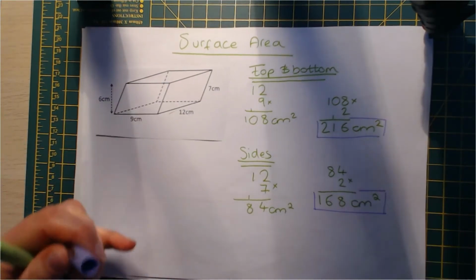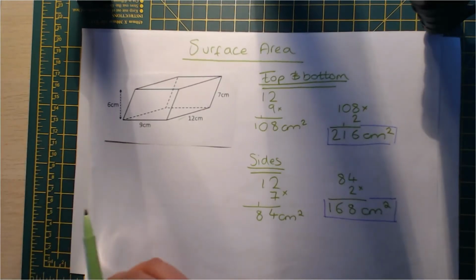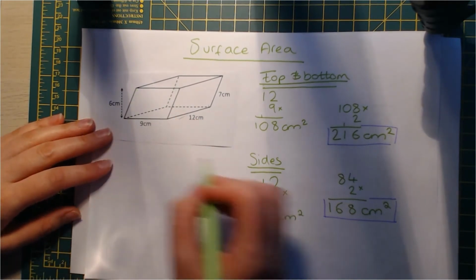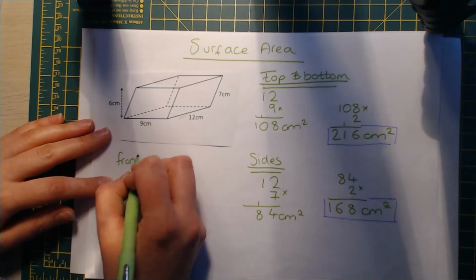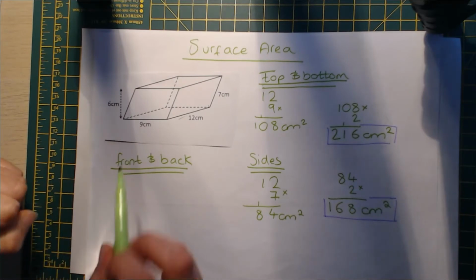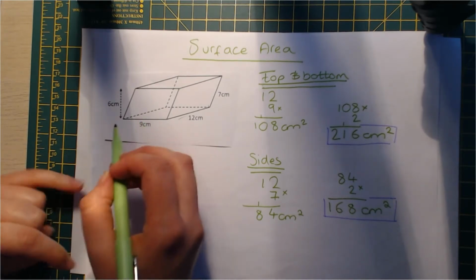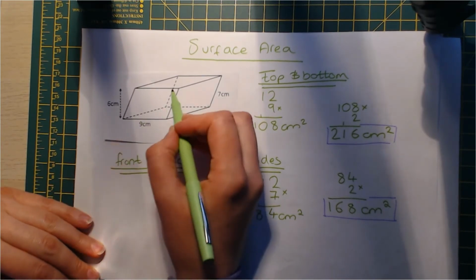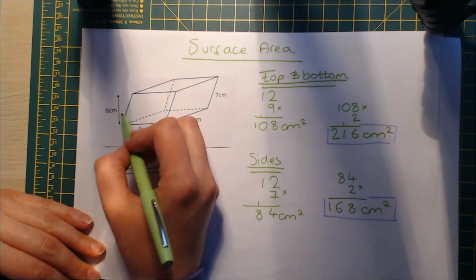And the front and back, now that's the last one, and oddly enough it's actually the trickiest one on here, just because it's not a rectangle. Okay, we've got a parallelogram here. Okay, so top, bottom, sides, front and back. Okay, so area of a parallelogram, if you can't remember, look at my video on how to find that, but it's essentially base times perpendicular height, because actually on that video it explains if we chopped off this part here, it does make a perfect rectangle.